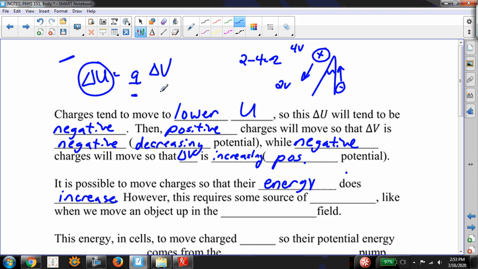If this is negative, that means that's positive. If this is positive, that means that's negative. But it is possible to have charges move so that delta U is positive, not negative. And we'll see that occurs so that their potential energy increases. However, this requires some source of energy.